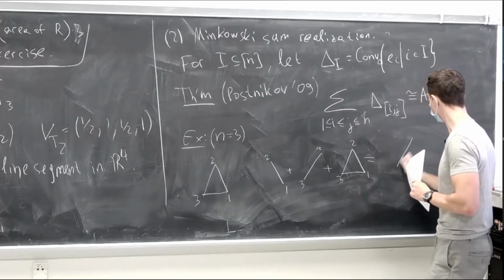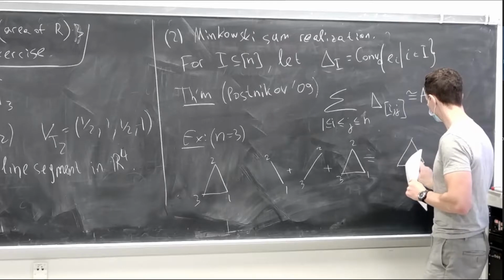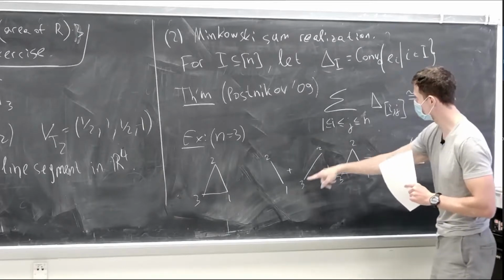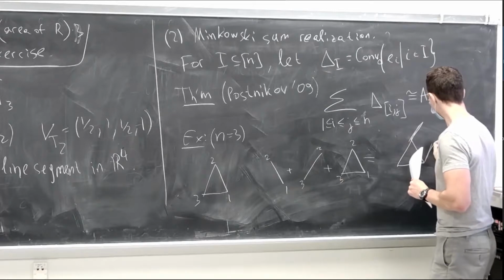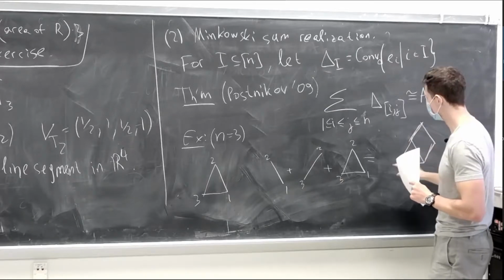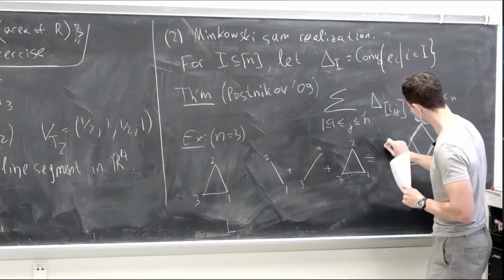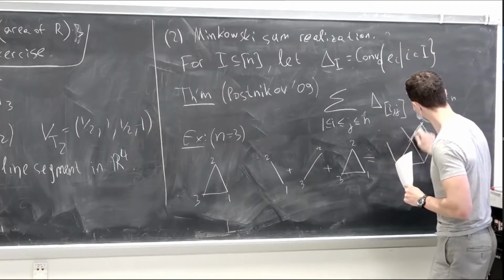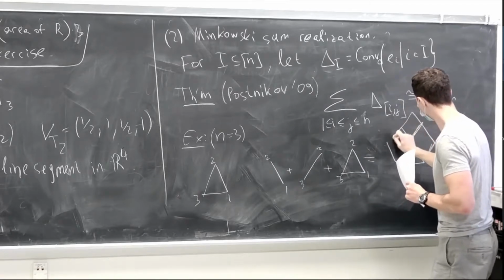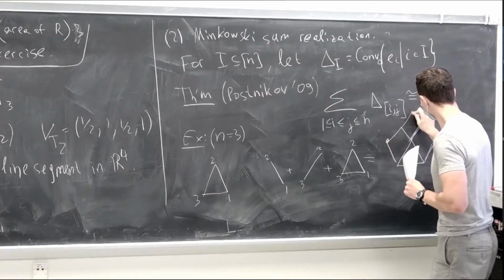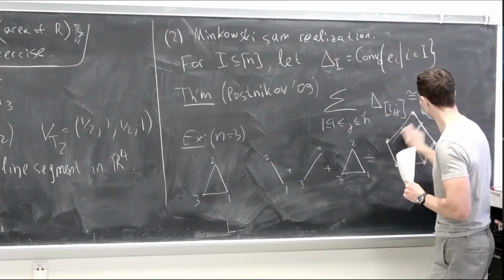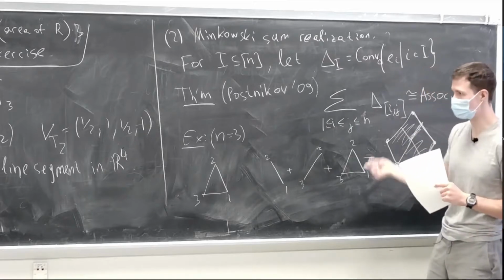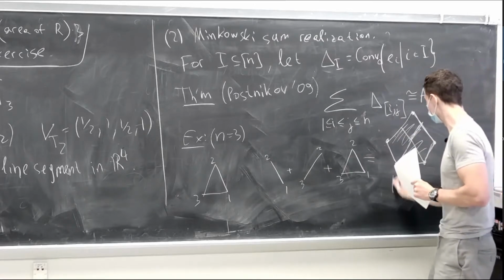So I have 1, 2, 3, and then I add, let's say, this line segment to it. So it's going to look like this. Okay. And then I add this line segment. I'm going to get a very weird looking pentagon, but it's a pentagon. So that's the associahedron.